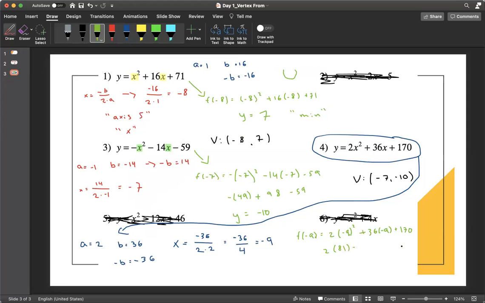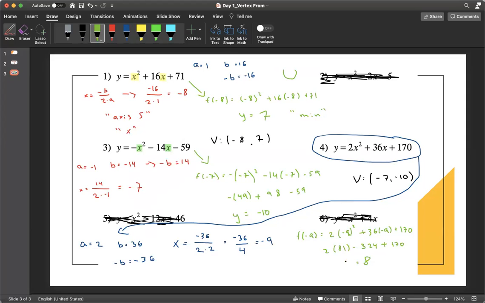And then 36 times a negative 9 is negative 324 plus 170. And if you put this into the calculator, so we do 2 times 81 minus 324 plus 170, our answer that we get is an 8.